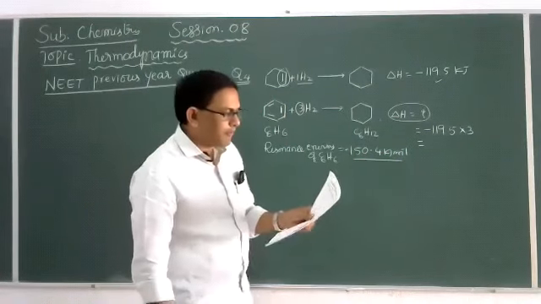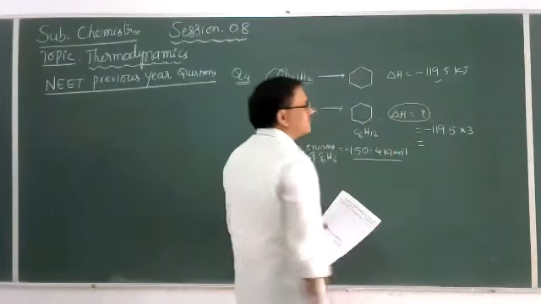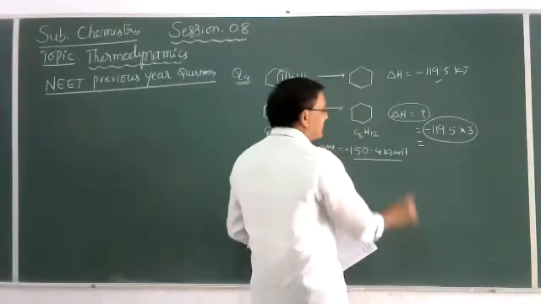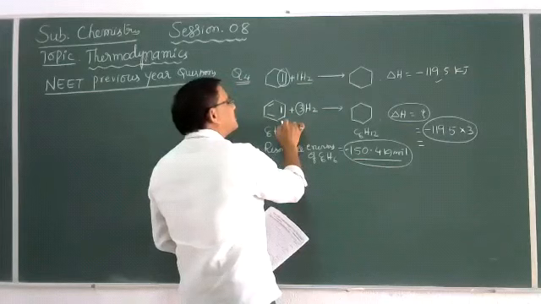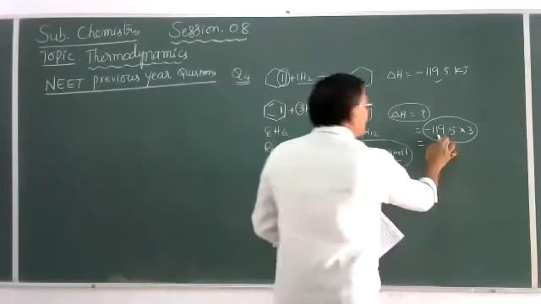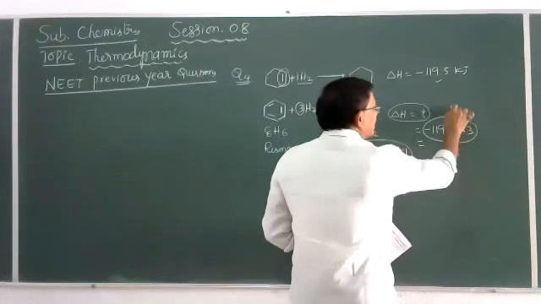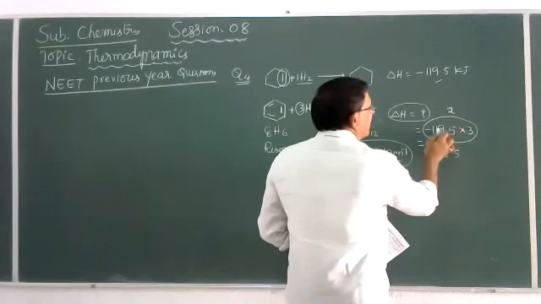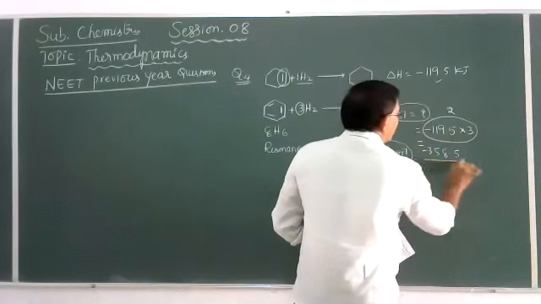Now by using these, if you want the hydrogenation energy, from the liberated amount of energy, remove this resonance energy, and we'll get the hydrogenation of benzene to cyclohexane. So here this value minus this value. This is 3 times 119.5, which is minus 358.5.